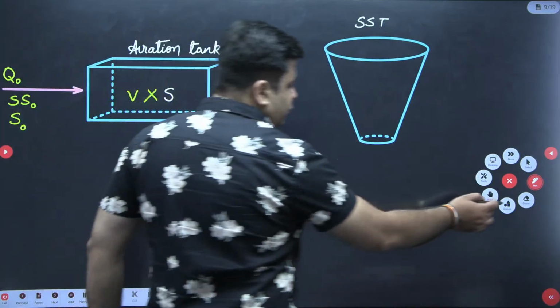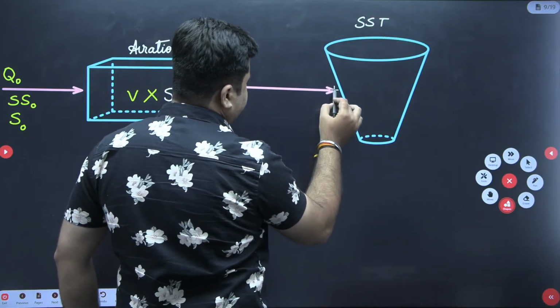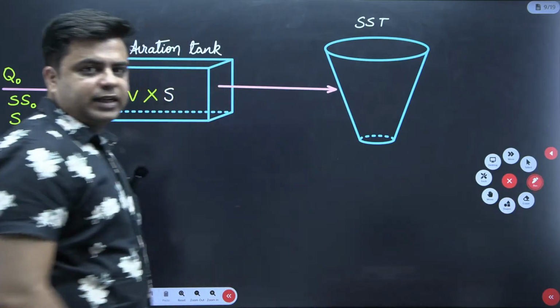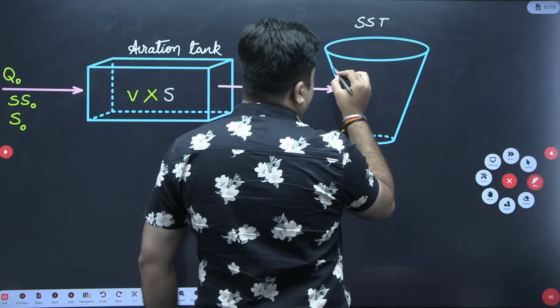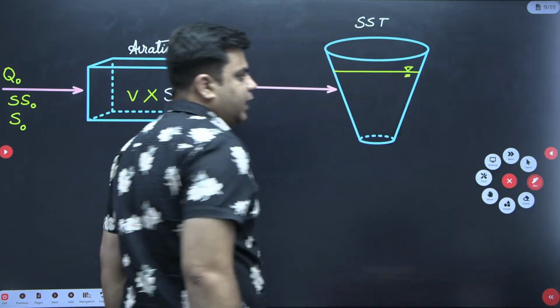Now this wastewater is taken to the secondary sedimentation tank from the aeration tank. Now here, what will happen?